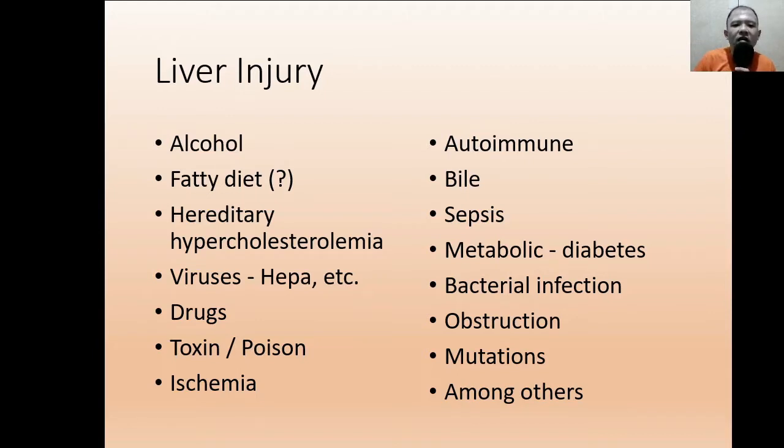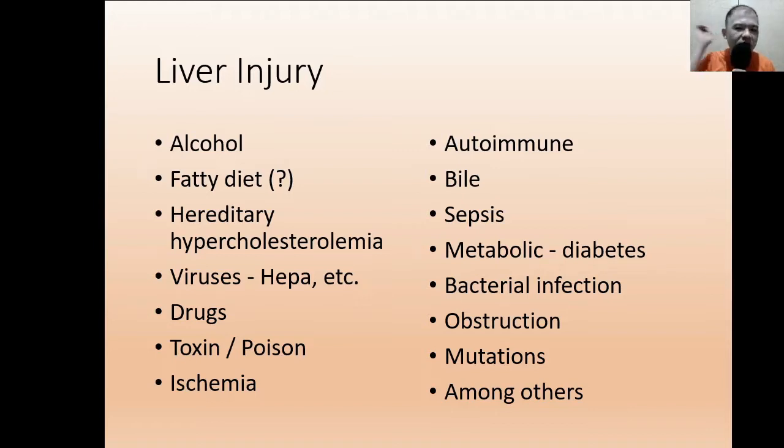Okay, so that's what we call hereditary hypercholesterolemia. Viruses such as hepatitis virus, drugs, toxin or poison, ischemia. So even by just not supplying the liver with blood, you can injure the liver.